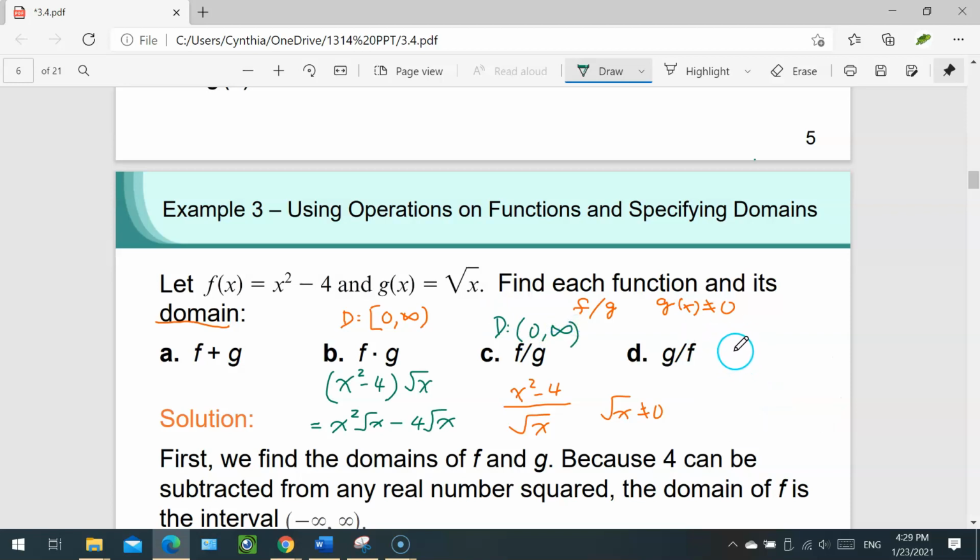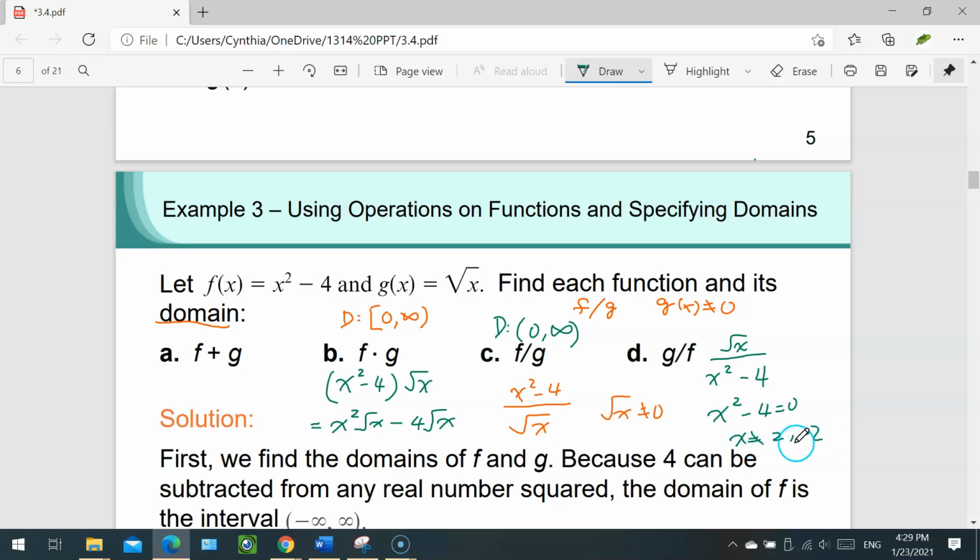G divided by f. So the g function is root x. Sorry, f function has x squared minus 4. Now, for the denominator, finding the restriction point is the same idea, right? So we set the bottom part equal to 0. That means x cannot equal 2 or negative 2.